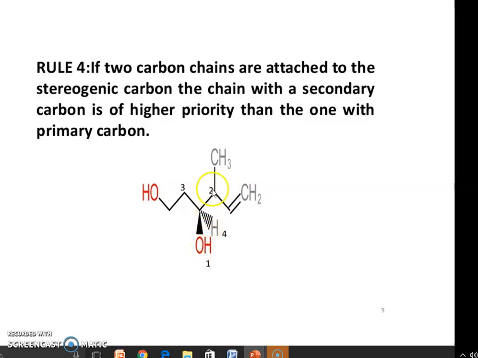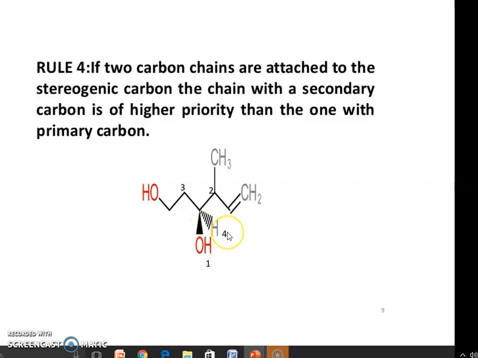The next is CH3 because it is attached to a secondary carbon atom, whereas the third one is with the primary carbon atom, so it gets the third priority. So this is 1, this is 2, this is 3, and this is 4.